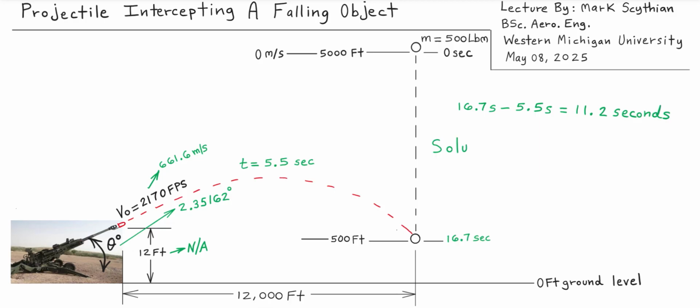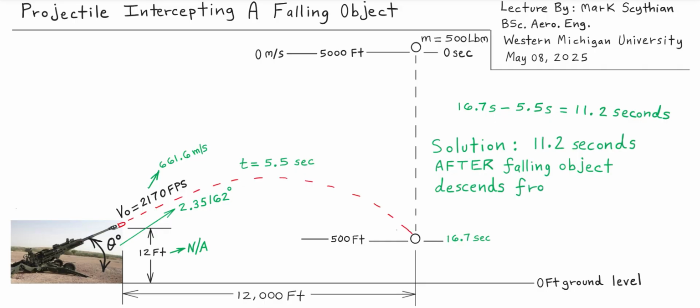So this then allows us to solve the problem and more or less intercept the falling object from a considerable range. And the solution slash directions or directive is 11.2 seconds after falling object descends from 5,000 feet altitude.